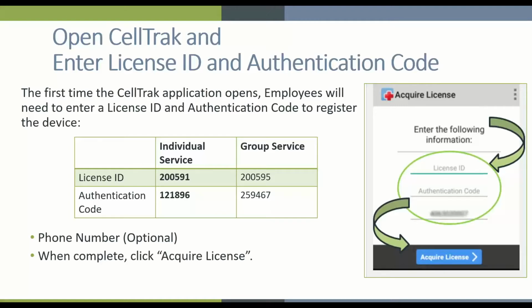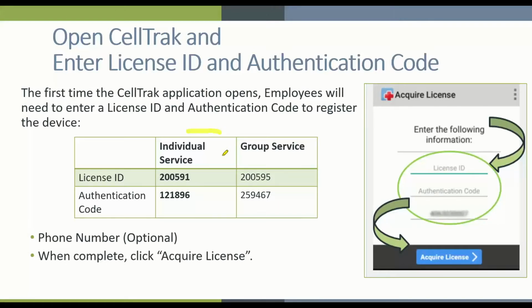All right, so employees, how do you register? Well, first you're going to open up CellTrack on your device, and it's going to ask you for a license ID and authentication code. If you provide individual service only, you do not provide group service, and you maybe don't even know what that is, that's okay too.